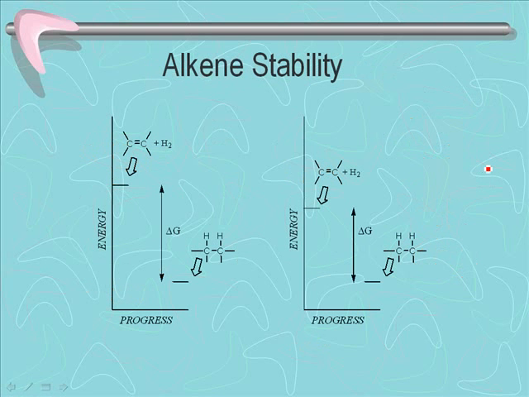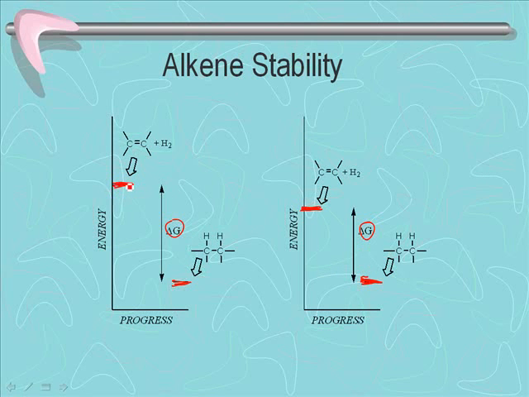So if we start off with an alkene, and it reacts with hydrogen to make an alkane, and then we have another alkene that reacts with hydrogen to form the same alkane, the amount of heat released in the reaction is a measure of how stable our starting material was.